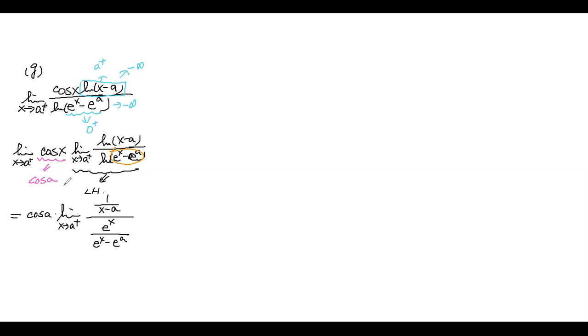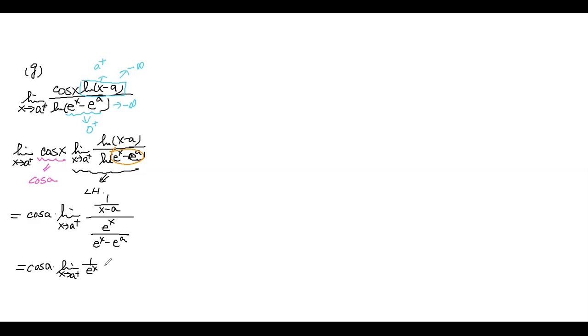Now I have cosine a, and then the limit as x approaches a from the right-hand side. Instead of simplifying, I can change this as 1 over e^x, correct?